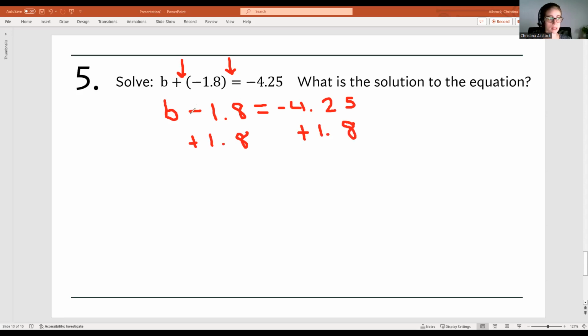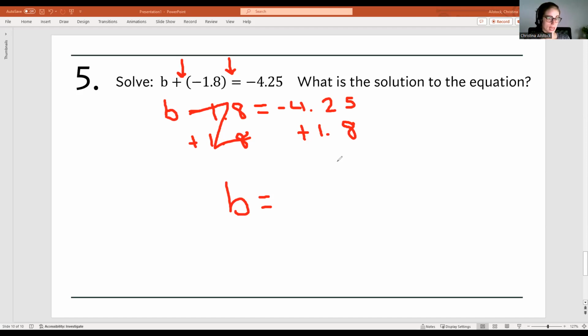Because we've done the inverse, that zeroes out, and we're left with b equals. Be careful here. We have a positive and negative that we're adding. So remember when you're adding, if the signs are the same, you add and keep the sign the same because you're continuing down the same side of the number line. If your signs are different, like we have here, you're technically subtracting, and then you keep the sign of the heavier number.